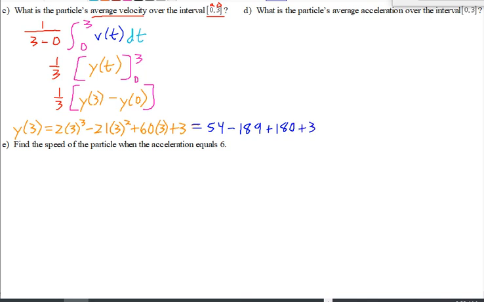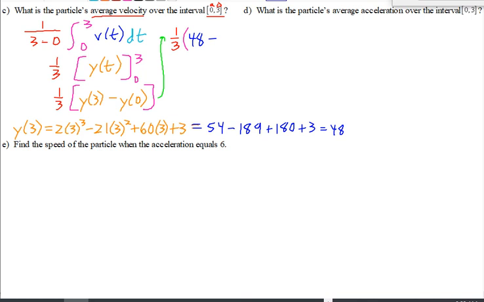So here, it's probably easiest to combine these that are close. This is 183 minus 189. That's negative 6, and 54 minus 6 gives you 48. So from right here, we'll have 1/3, and we just figured out y of 3 is 48.